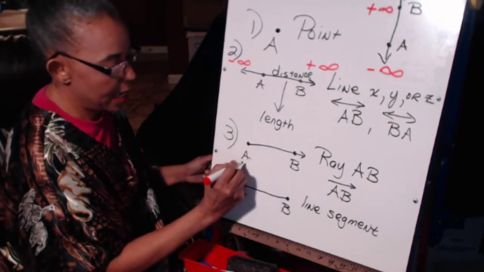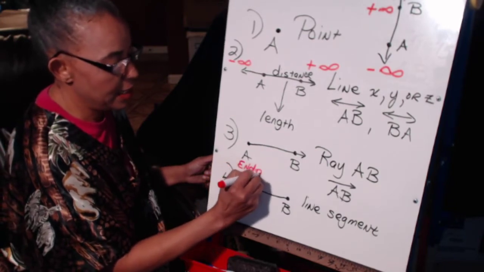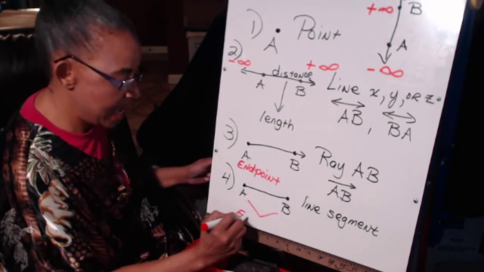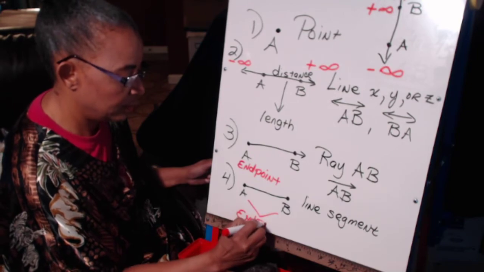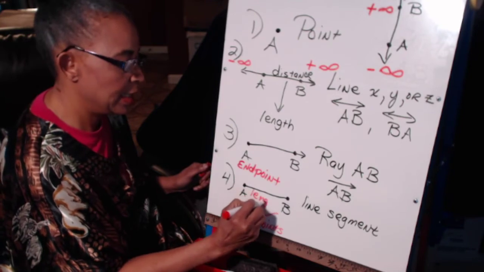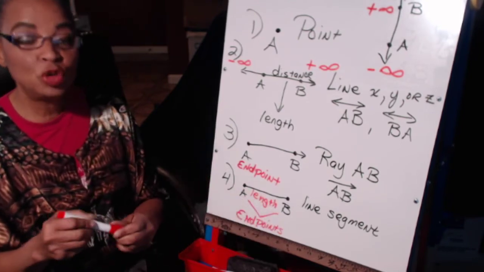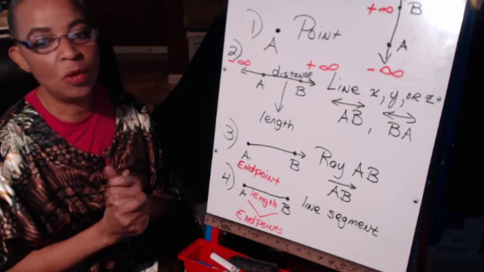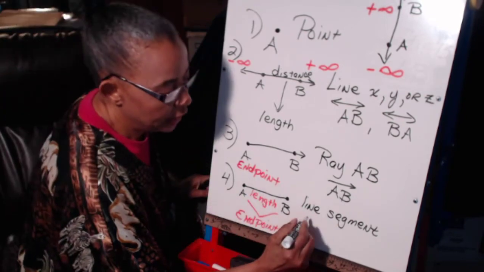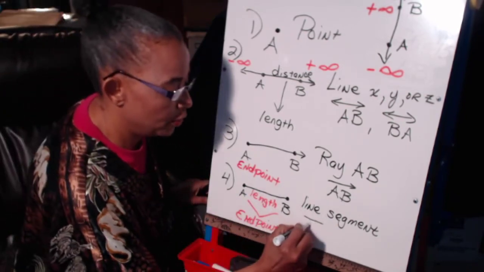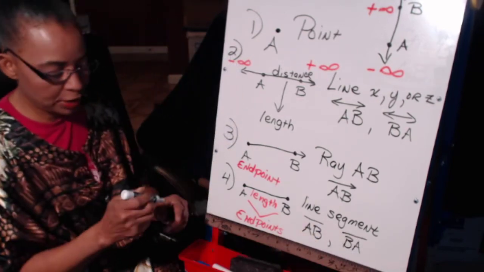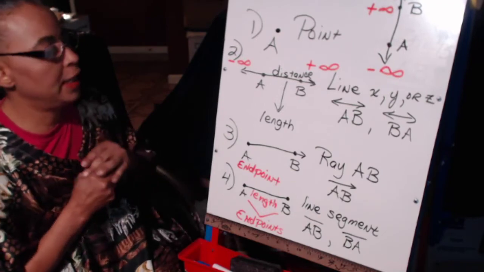With the ray, we had an endpoint at A, but now we have endpoints at A and B. And we definitely can determine the length or the distance between A and B. And always remember, cannot be negative. So line segment, we can use just a bar over AB or a bar over BA. Notice I did not do that with the ray.